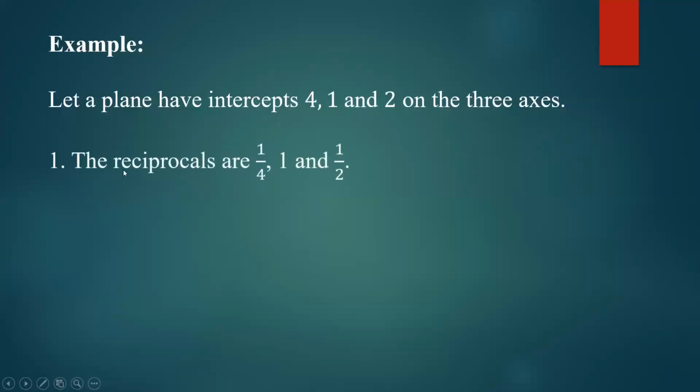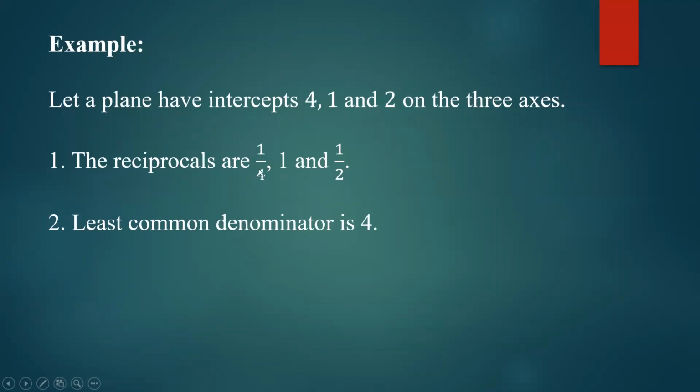First step, you take the reciprocals of these intercepts. The reciprocals are 1/4, 1, and 1/2. Just take the reciprocals. Then you find the least common denominator among these three.